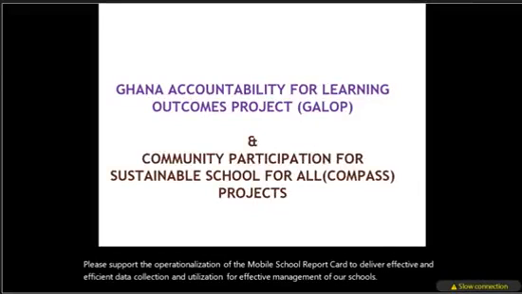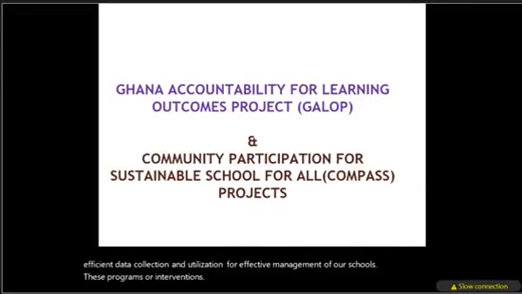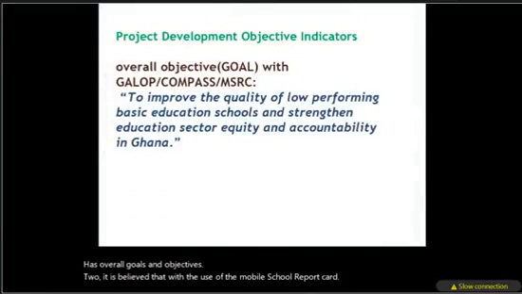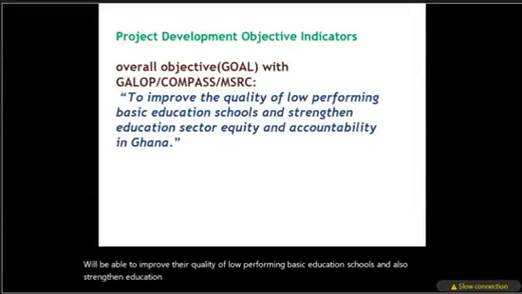These programs or interventions indeed have overall goals and objectives. So it is believed that with the use of the mobile school report card, with support from GALOP and COMPASS, we'll be able to improve the quality of low-performing basic education schools and also strengthen education sector equity and accountability in Ghana.